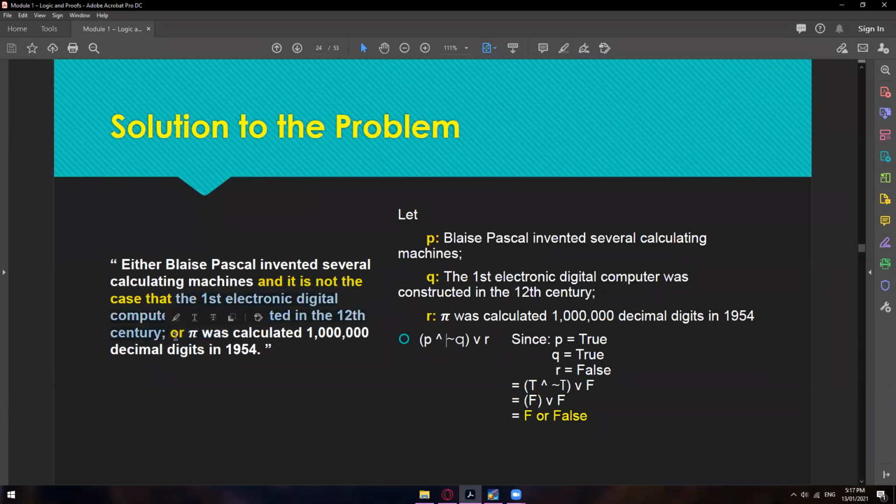And then the last one is OR. Okay? Or R. Who drew there? Okay? So once you have this correct expression, that's the time that you can now substitute the values of those variables. So P is true, and then Q is also true, and then R is false. So from here, we can now evaluate this one.